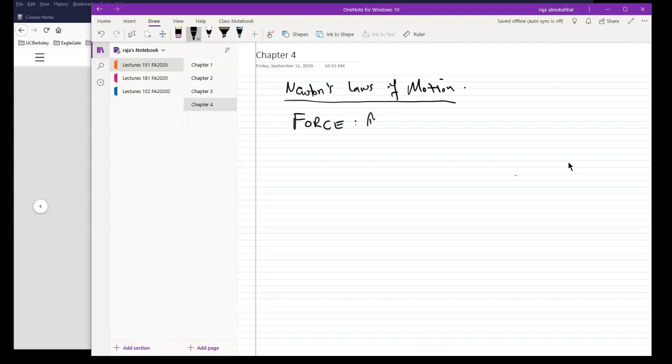The force is an action, or maybe I should say an action, that changes the state of motion of an object.